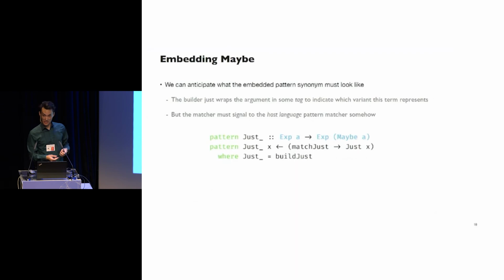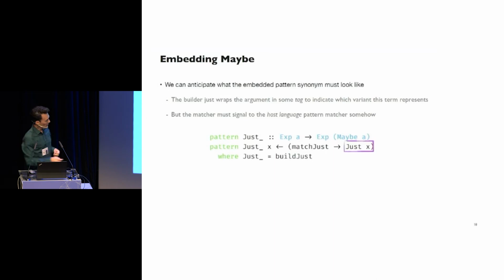And then the matcher has to do the clever thing. It has to signal to the host language, Haskell, somehow that this pattern match should succeed or fail, right? And return in X here some way to get the thing in the Maybe out, the thing in the Just out.